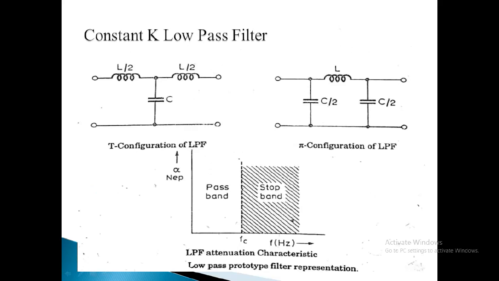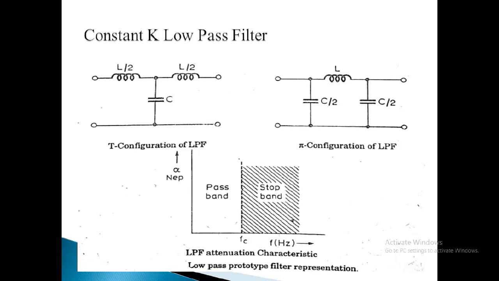Then come to the constant K low pass filter. A constant K low pass filter has series impedance as inductance and shunt impedance as capacitance. The first figure shows the T configuration of low pass filter and the second figure shows the pi configuration of low pass filter. Here the third figure shows the low pass filter attenuation characteristics.